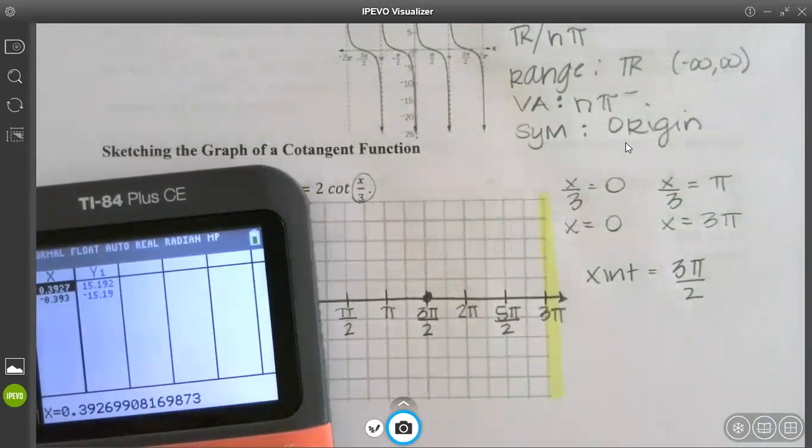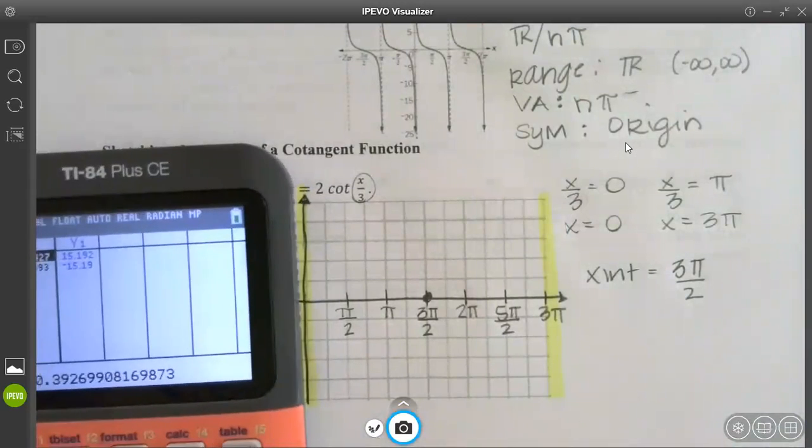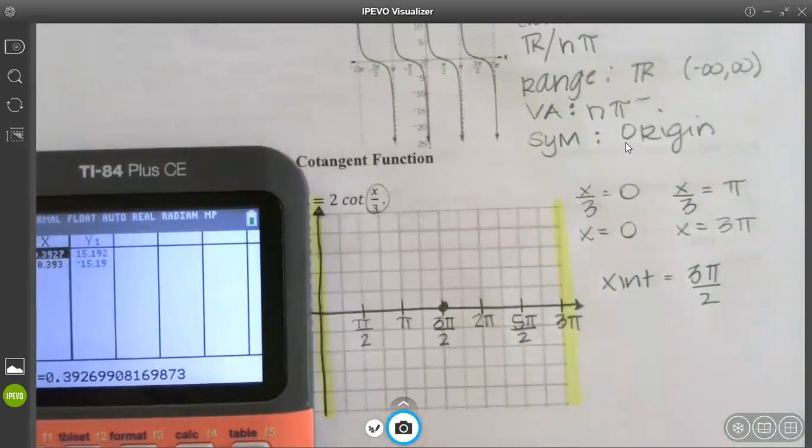I don't like these numbers. What numbers should I pick? You can try pi over 2.